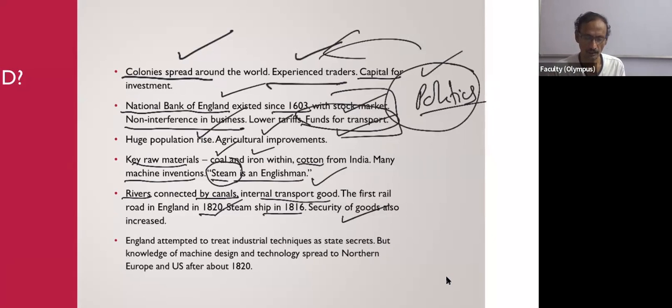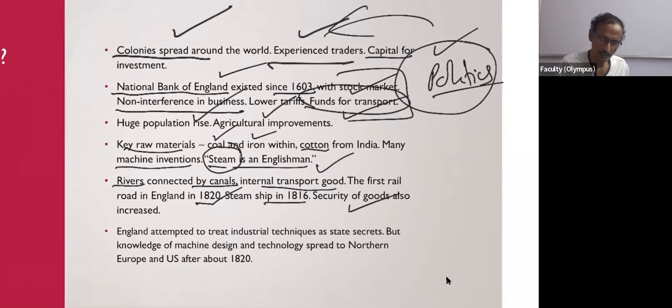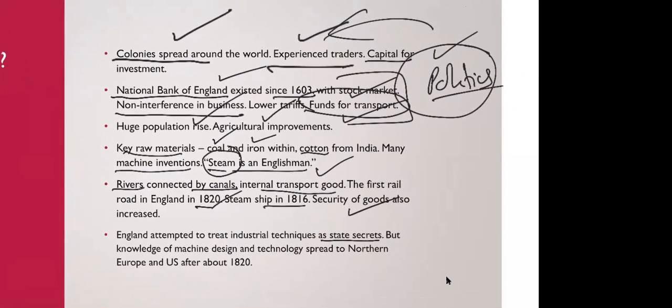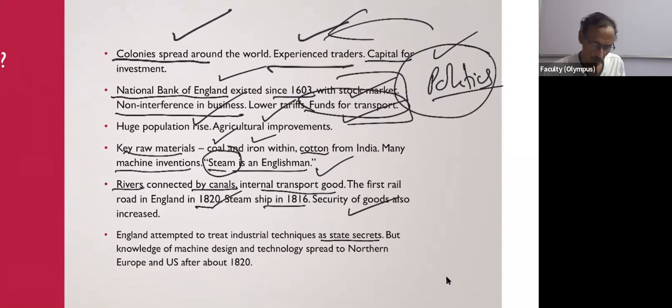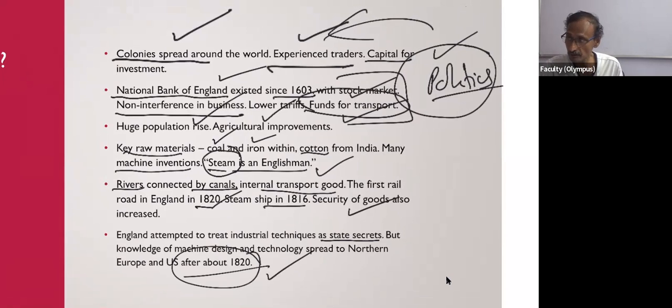Okay. And then they maintained these industrial techniques as state secrets. The knowledge of machine design and technology spread to Northern Europe and US only after 1820. It means for around 60, 70 years, Britain had monopoly over many things.